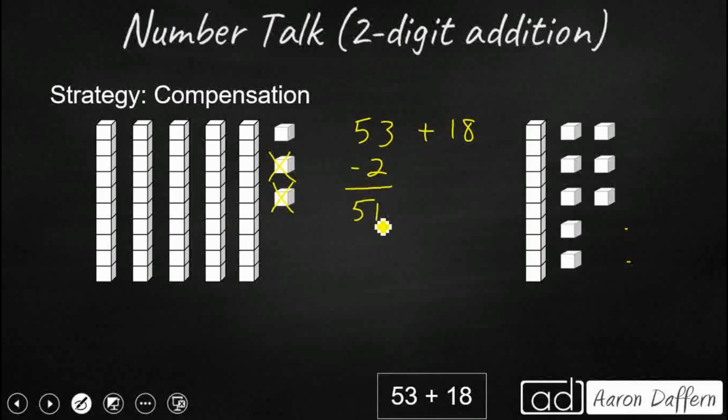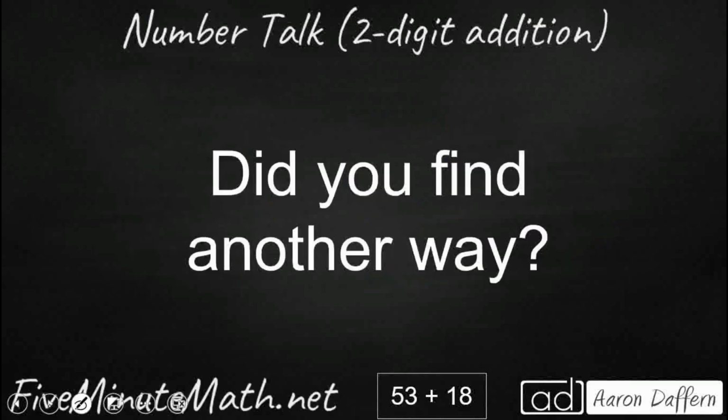But I'm not just going to throw this away. That would change our expression. I'm going to add them back over here, and that's going to make that a 20. So this actually keeps a balanced expression because I took 2 away and added them to the other addend, and look at that, 51 plus 20, super easy, 71.